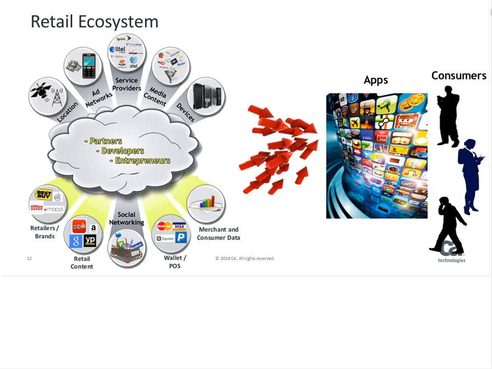But obviously there are other pieces of that puzzle: retail content, product reviews, Amazon, Google, Yellow Pages, Yelp, mobile wallets, digital wallets as we talked about, and merchant and consumer data, right? There are big piles of data and data providers, including from the payment processors and everyone else. And really, how does this merchant perform on a Monday between 2 and 5 in the afternoon, right? These things are critical.